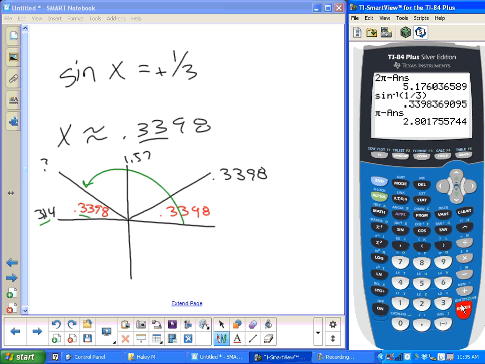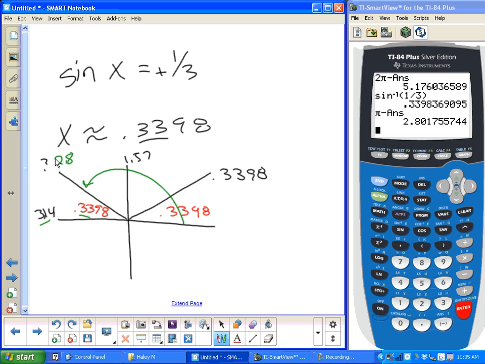All right. Yeah, there's my other answer. So the calculator is going to give you one, but you got to find the other. And that's kind of difficult for some of you to do, to visualize. All right. Now, let's go over this real quick.